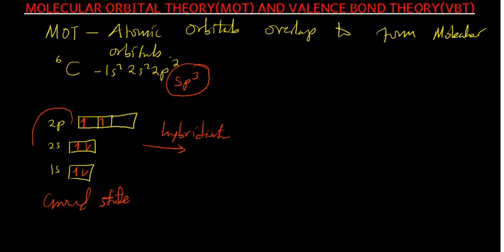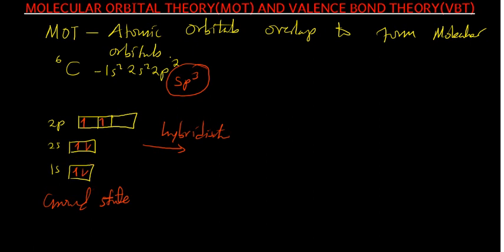These come from the second energy level, so it is only these orbitals which are going to take part in a chemical reaction. The 1s can't take part because it is an inner orbital, and orbitals in inner energy levels cannot take part in a chemical reaction.